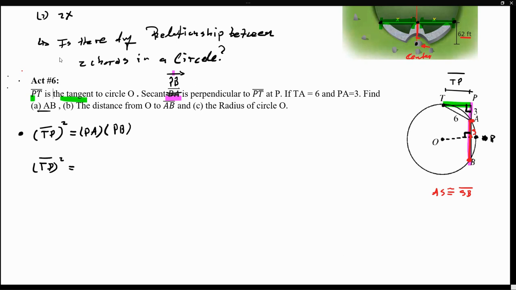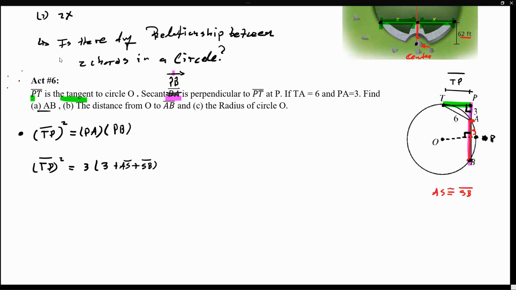Now PA is 3, but now notice that PB, which is this whole line segment from P all the way to B, that's equivalent to 3 plus AS plus SB.